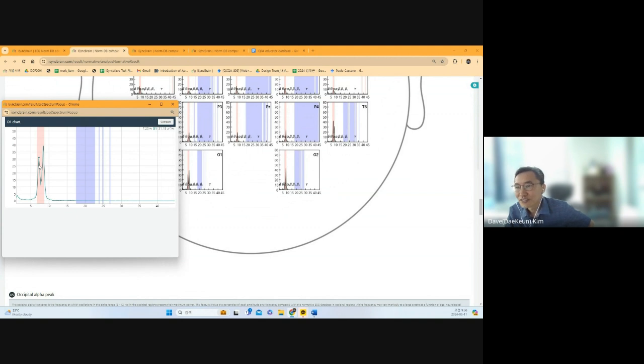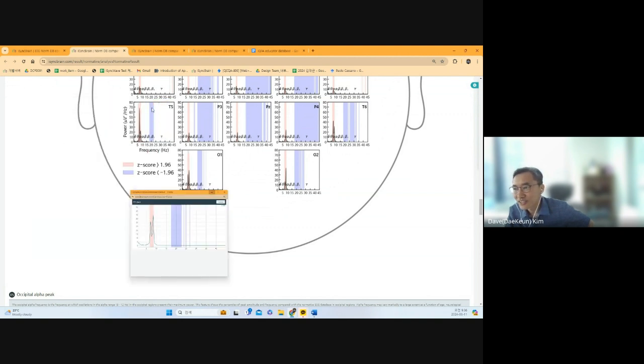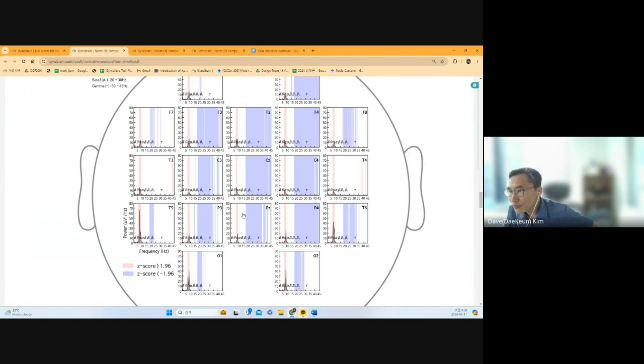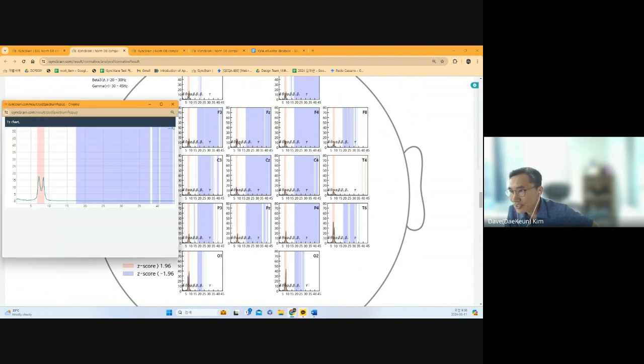So she starts, maybe the doctor labeled her as MCI, but she is developing; this is the prodromal stage of dementia. And we can also see the two different peaks in the frontal too.